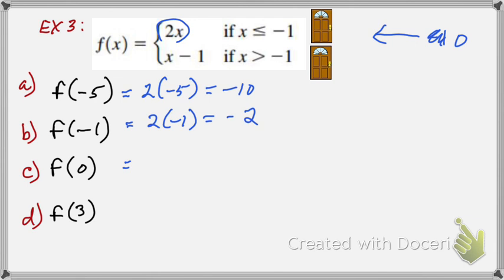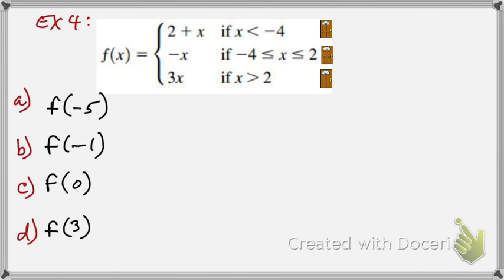So the bottom one says take your x, subtract 1 from it. That's my answer. And last but not least, I'm going to send a 3 in. 3 goes in the bottom door because x is bigger than negative 1 there. So this says take your x, subtract 1. You get that. I'm not trying to insult your intelligence. This is really as hard as it gets.